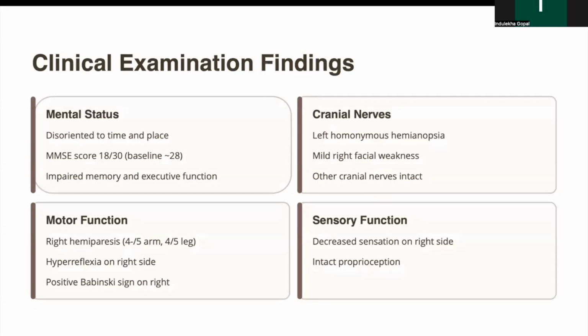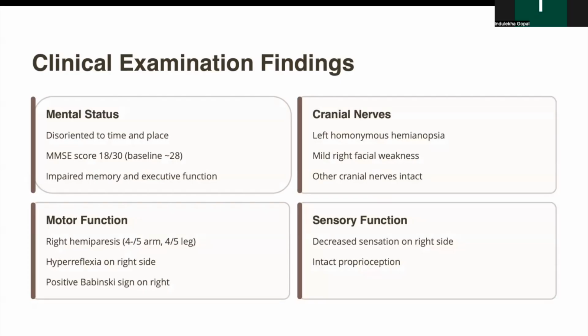On exam, the patient is disoriented to time and place. The MMSE score is 18. There is impaired memory and executive function. There is right hemiparesis, hyperreflexia on the right side, and a positive Babinski sign.